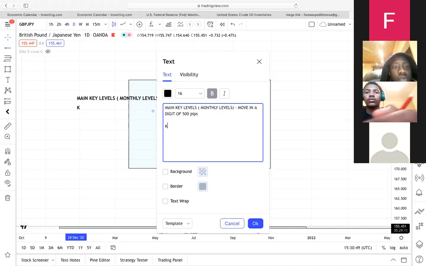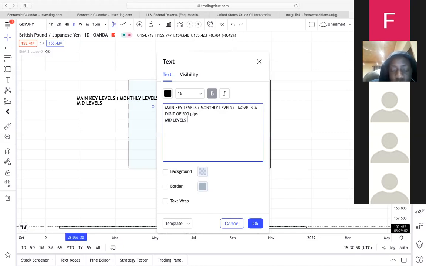Then mid levels move in a digit of 250 pips. Good job. And then other retest levels.